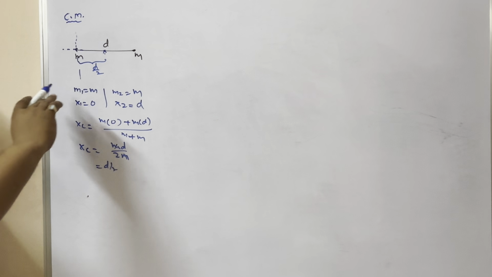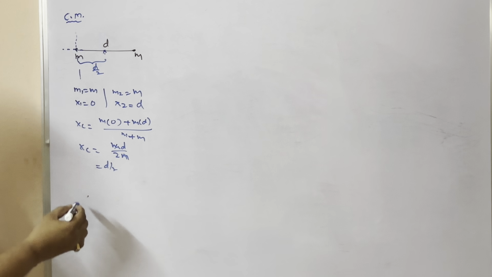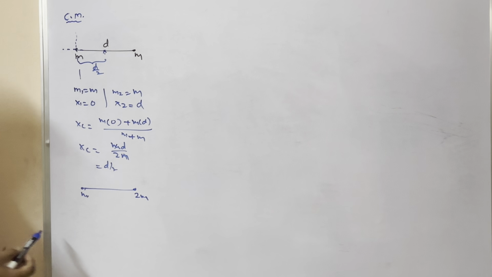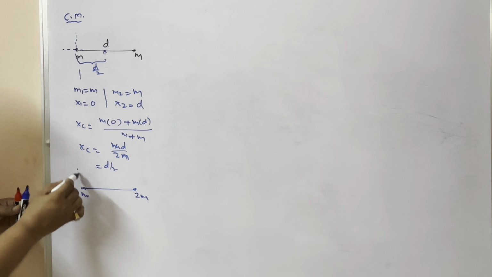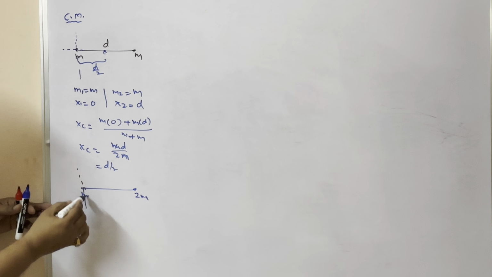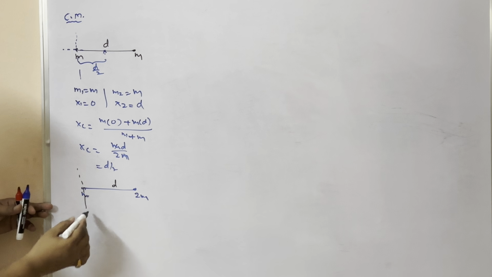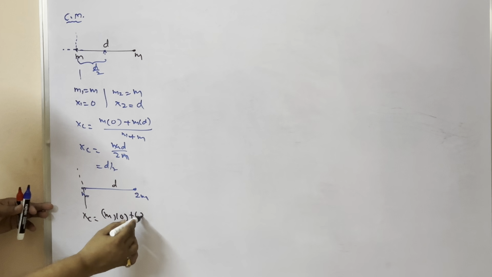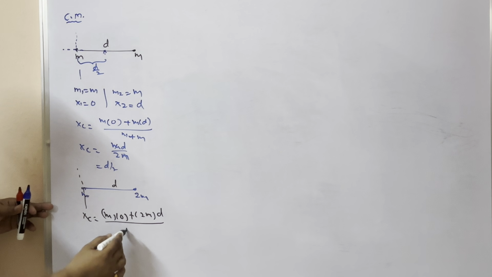If two unequal masses are taken, let us assume m and 2m. Why I am saying this, you will get an idea now. For this, x1 is 0, x2 is again d. If you apply the same formula: (m into 0 plus 2m into d) by (m plus 2m).